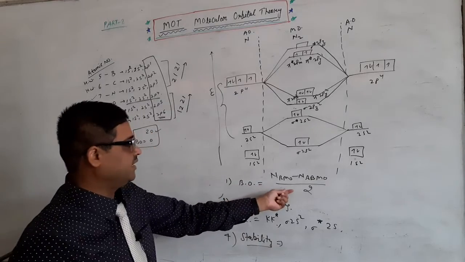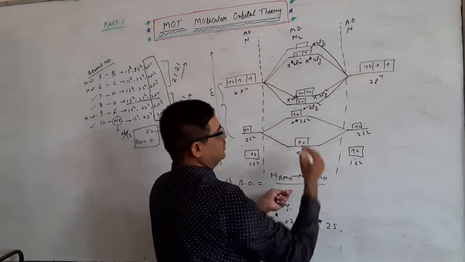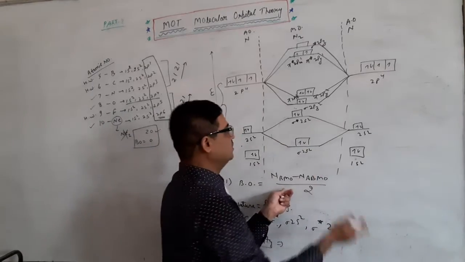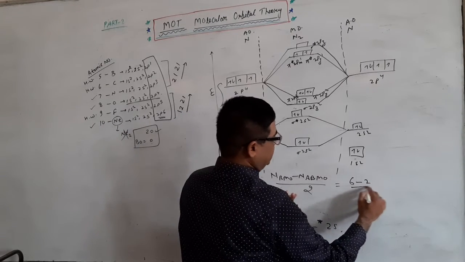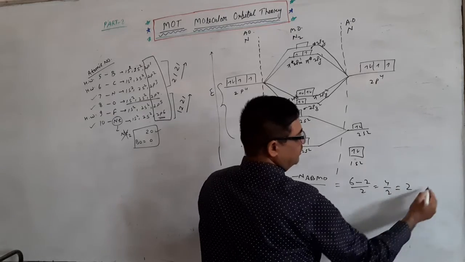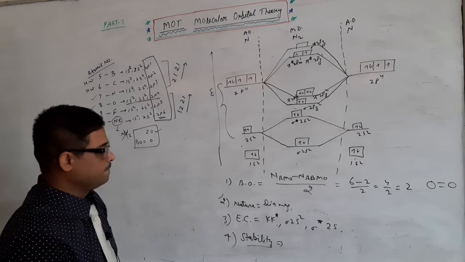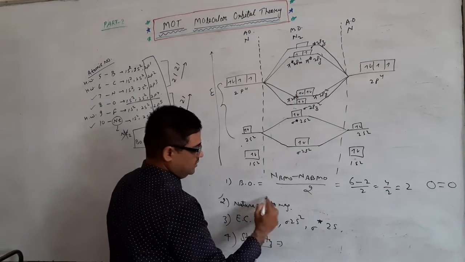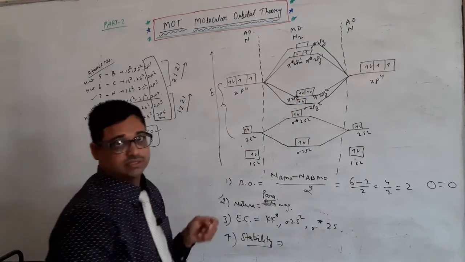So again I can calculate the bond order, BMO minus ABMO. I am not counting this, you can count this also, the result will be the same. Clear? So 6 minus 2, that is 4 by 2, that is 2. Means oxygen is having a double bond. Nature is paramagnetic, you can see 2 unpaired electrons are there.